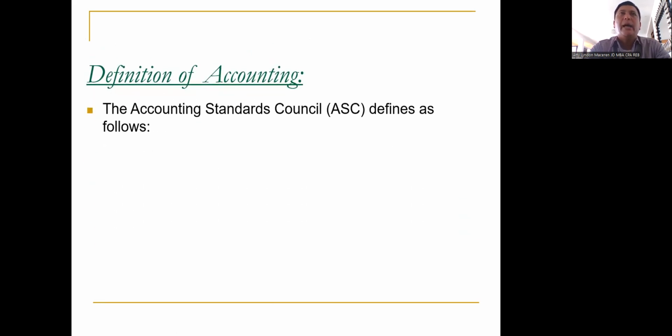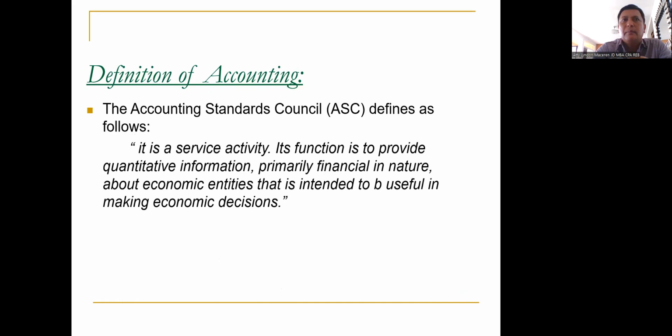Okay, let's define accounting. We're shifting now to accounting, which is not the bookkeeping now. There are several definitions from several groups of accountants. The first one we have here is from the group called the Accounting Standards Council.